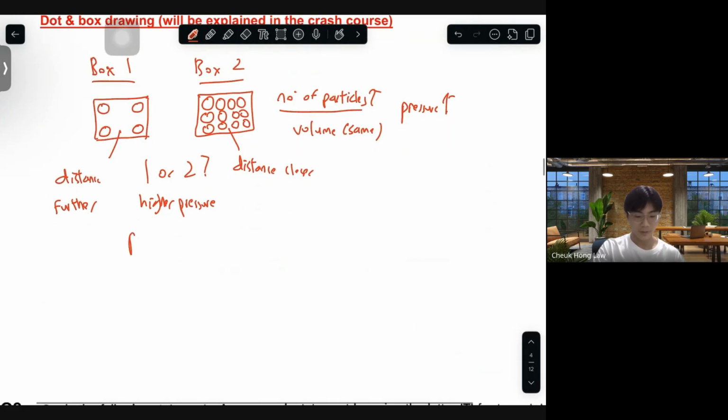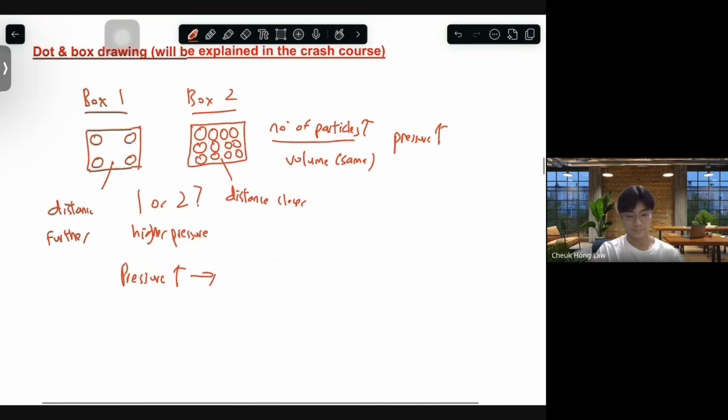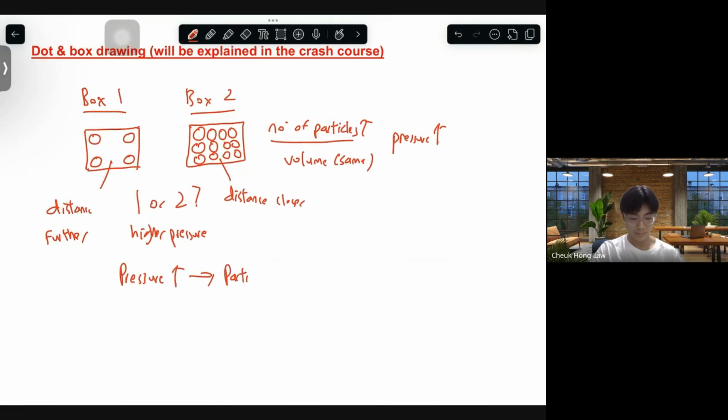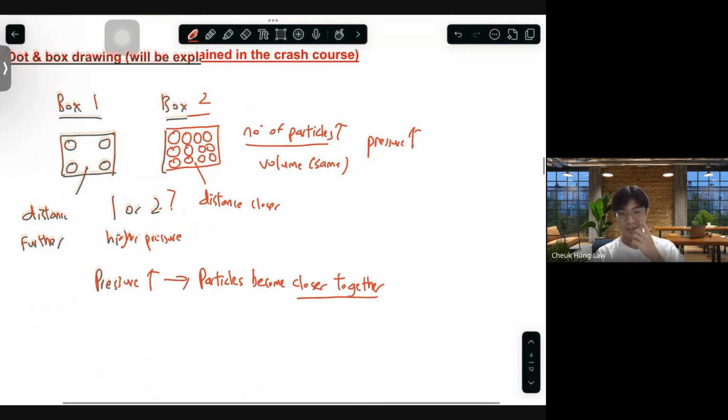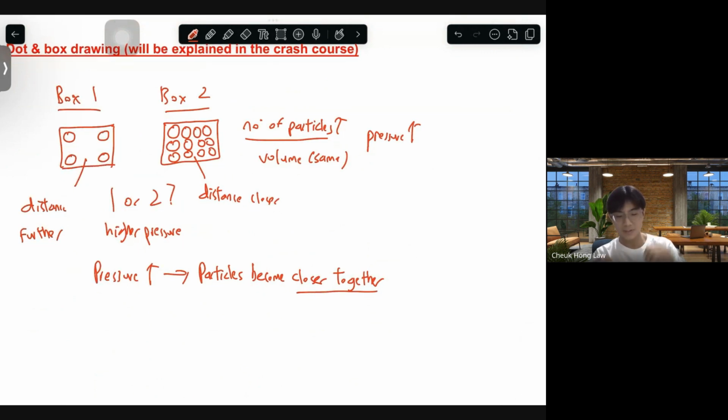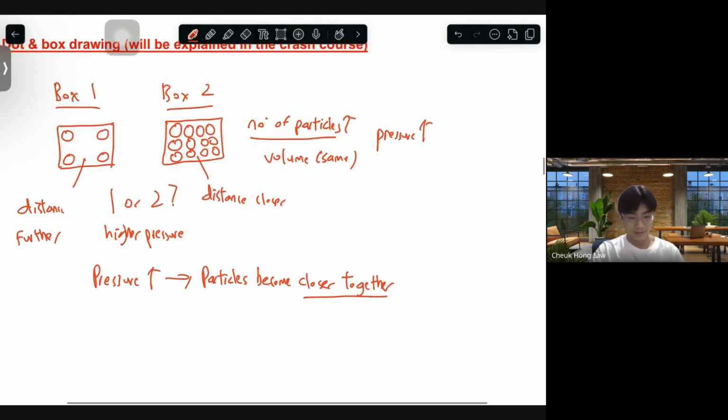If the pressure of my gas reactants increases, my reacting particles become closer together. So what does that mean? If my particles are closer, there are more chances that they will collide. Think about this versus this. Which one will have more collisions? Of course, box 2.